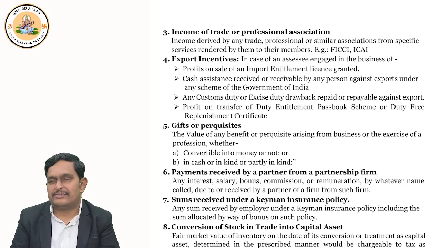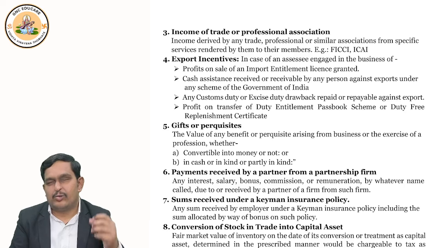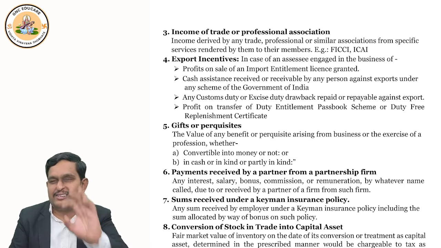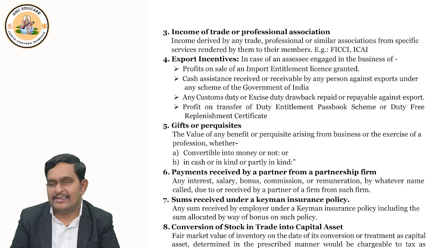Come to the fifth point, your gift or perquisite. Suppose example, you are working in Reliance and you are working so hard day in, day out with commitment that Ambani ji was so happy. He said, "Aapke liye Rolls Royce car gift." So during the course of employment, you got it, correct?